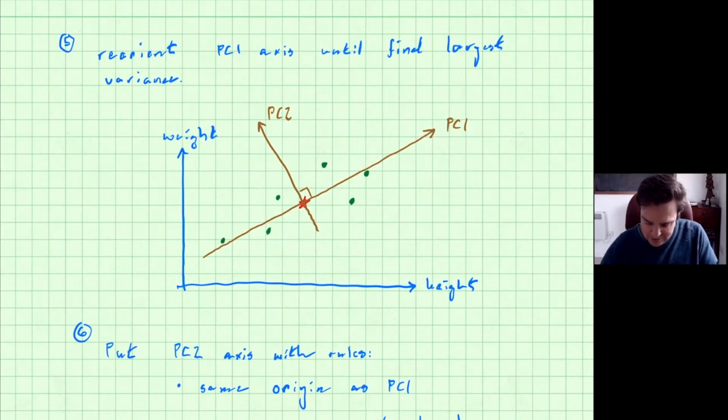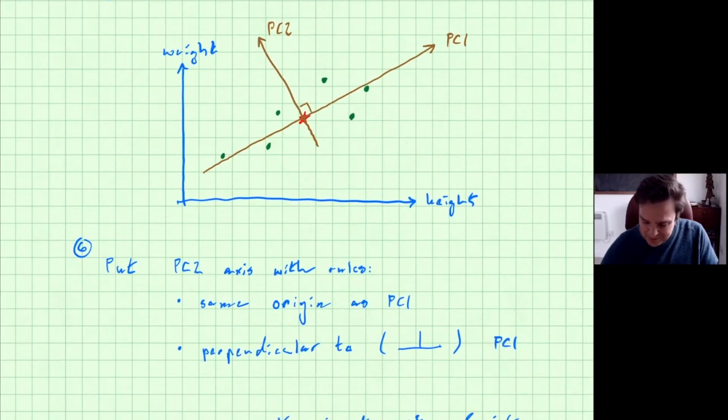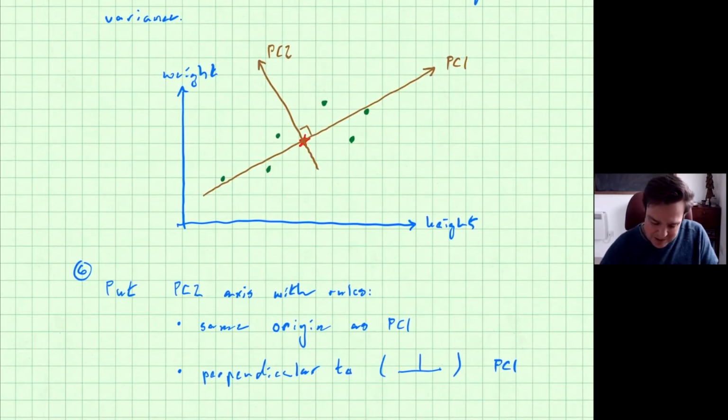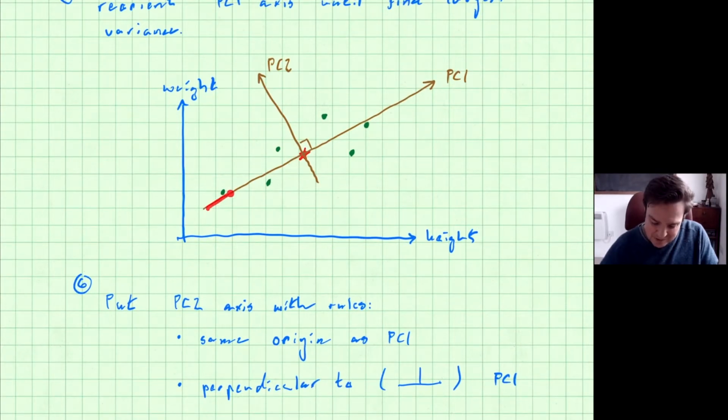Wait, did I do that right? Yeah. I got mixed up. The first column describes the location along the PC1 axis, which is here, right? And so we had widely dispersed values: this one, this one, this one here, this one here, this one here.